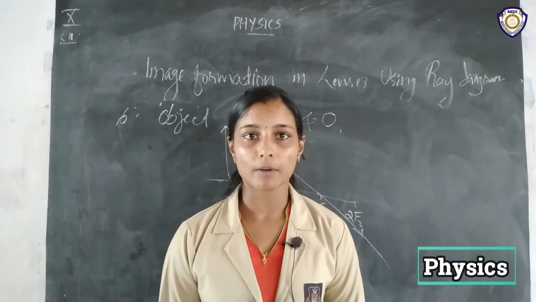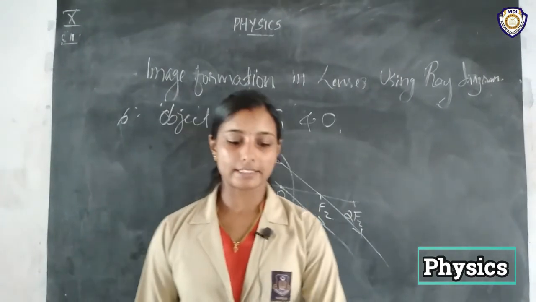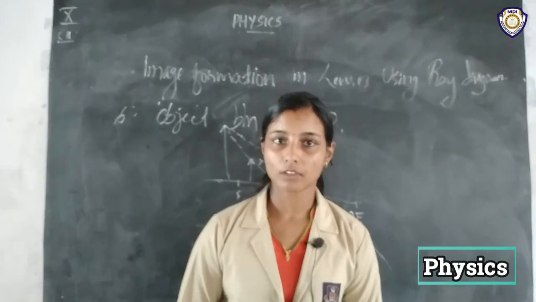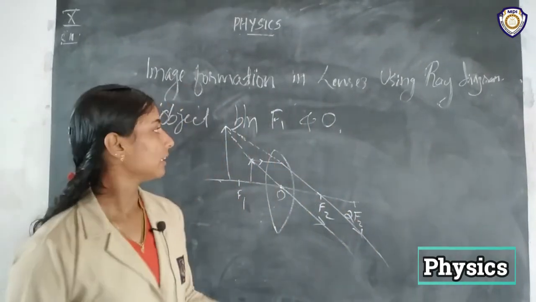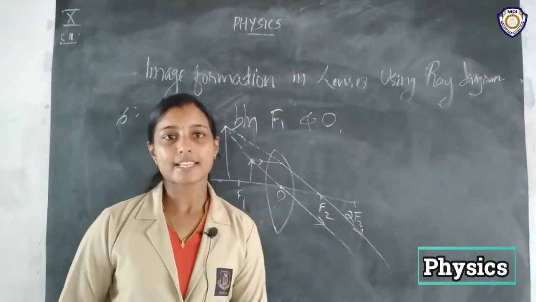Okay, so you should draw the table also. So that's about image formation by ray diagrams in the case of convex lenses.